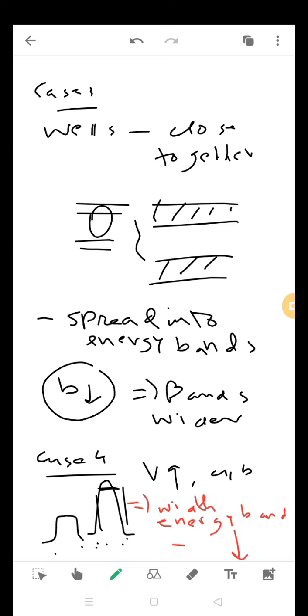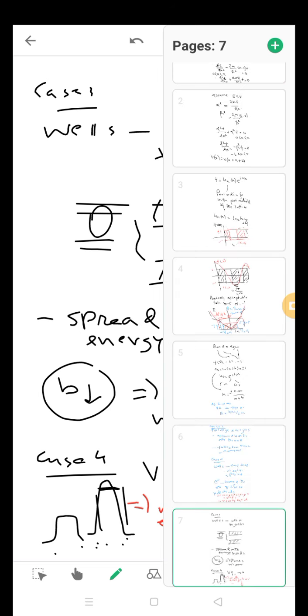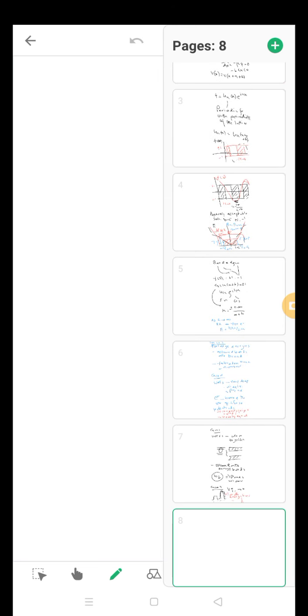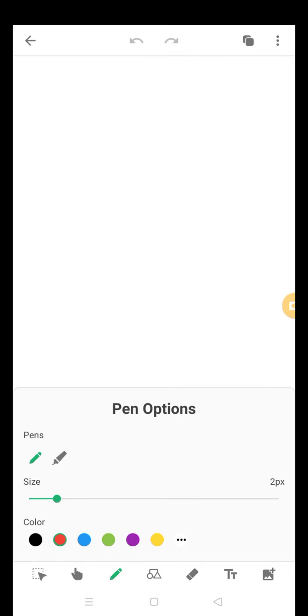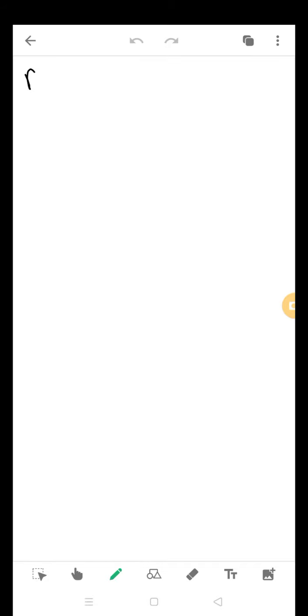Now, instead of using this scheme of representing the E-k diagram in terms of Brillouin zones, there is another way of representing this. This is called the reduced zone scheme, or reduced zone representation.